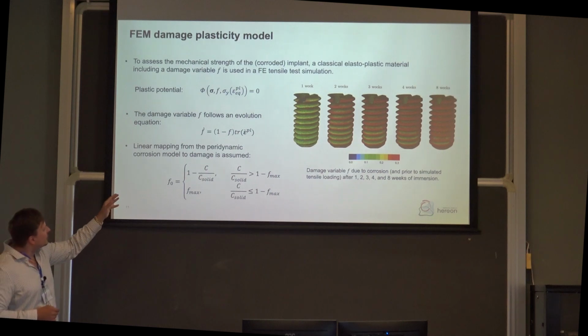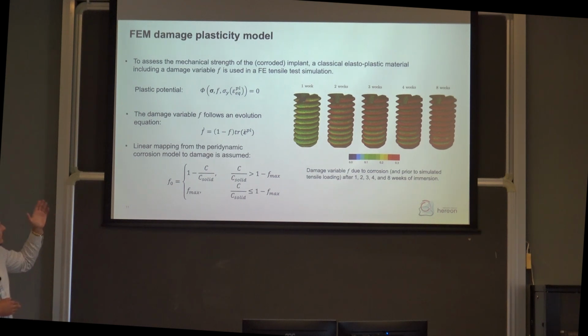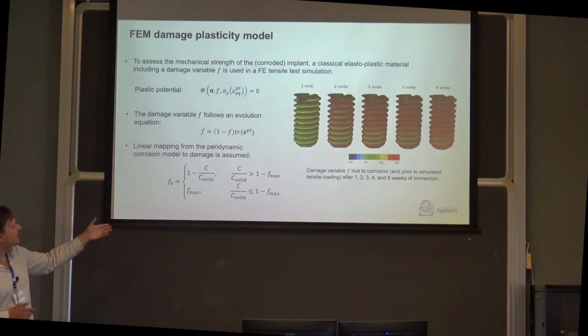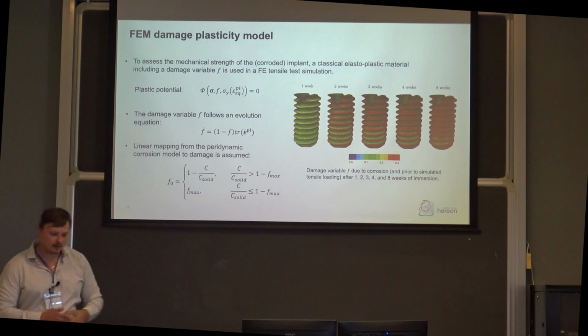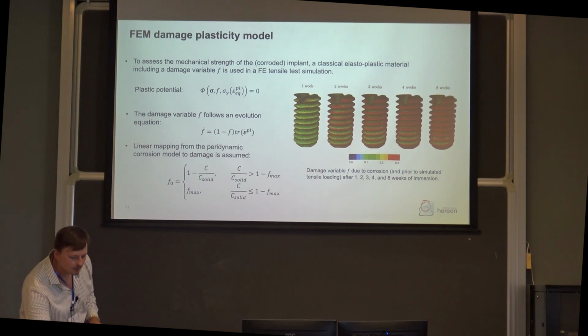The peculiarity or the interesting thing is that this model, the damage plasticity model, a Rousselier model, contains a damage variable which follows an evolution equation, an ODE, and the initial conditions are derived from the material loss, the diffusion or out diffusion, the loss of material from the peridynamic corrosion.